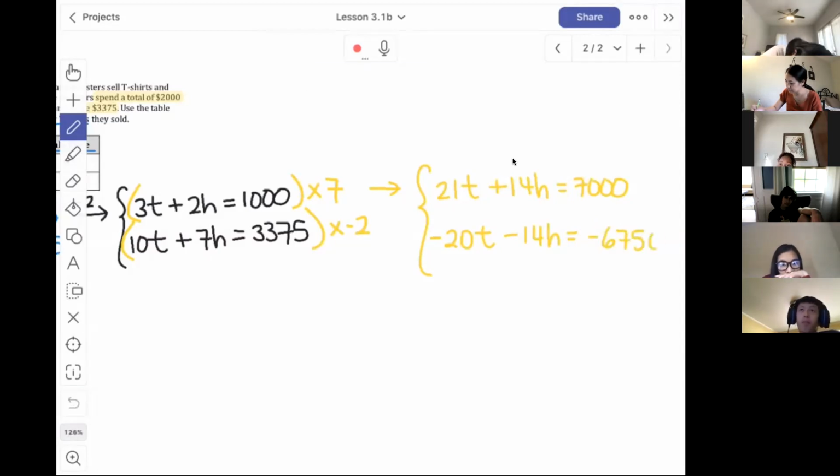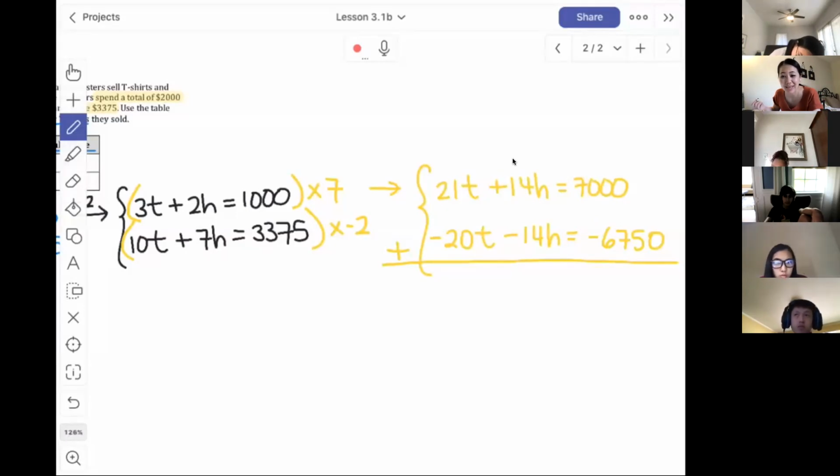Wait, why did you multiply it by -2, as opposed to +2? Because I want these two numbers, 14 and -14, to be opposites of each other. That way, when I add, they eliminate. If it was +14 and +14, when I add I get 28h.